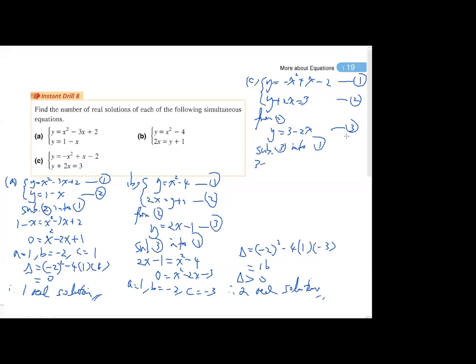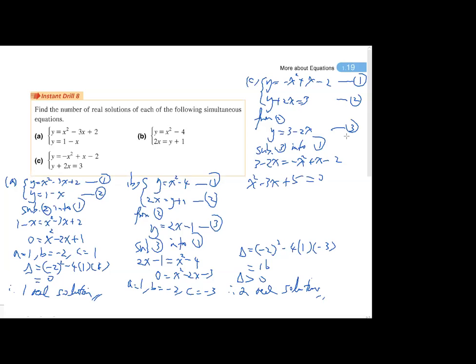That is 3 minus 2x equals negative x squared plus x minus 2. And then moving all terms to one side. But I need to keep the x squared term positive. That is moving to the left. So it becomes x squared minus 3x and then plus 5 is equal to 0. Okay, so now this is a simple quadratic equation, right?